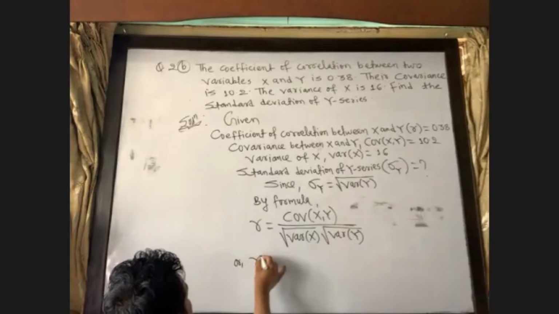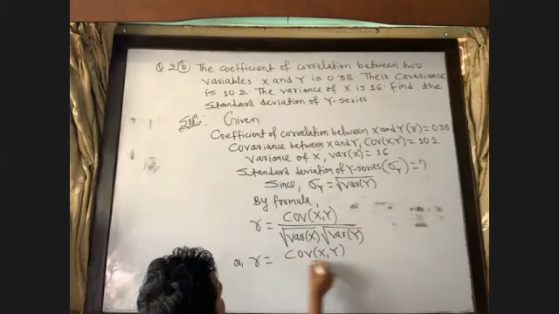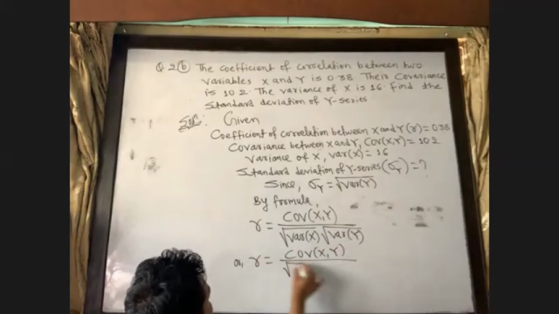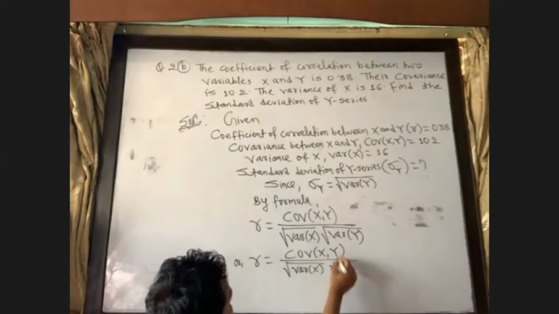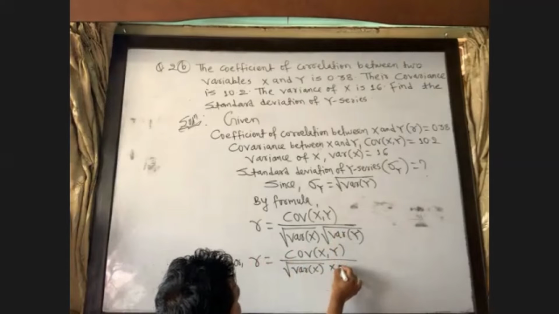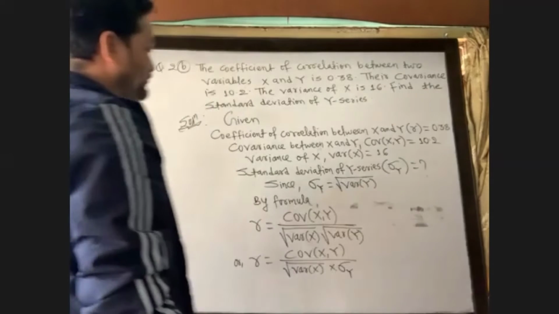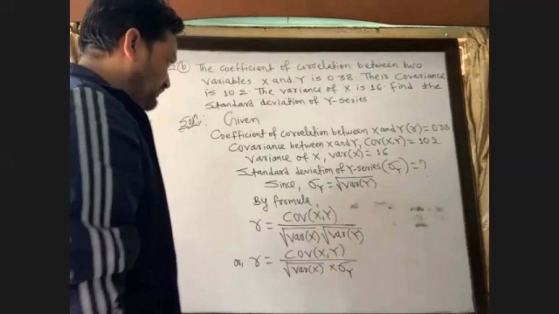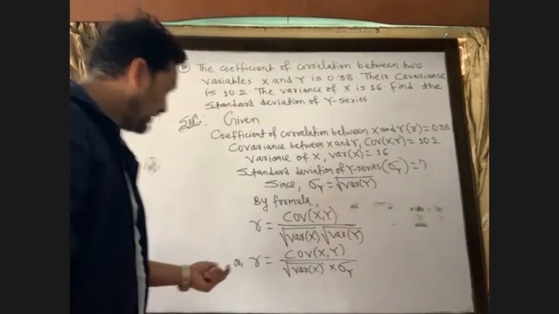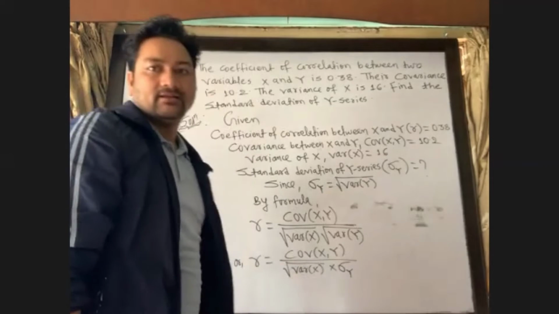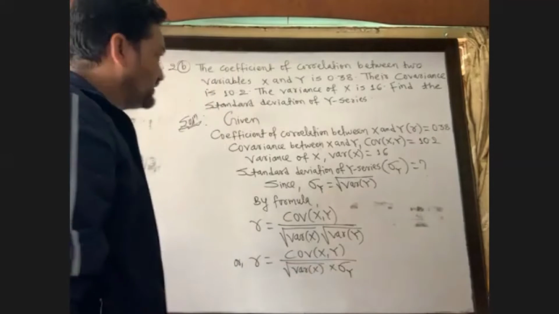We can write r is equal to COV of x, y divided by square root of VAR of x into sigma y, because sigma y is equal to the square root of variance of y. Since we have to find the value of sigma y, the standard deviation of the y series, we write sigma y directly.